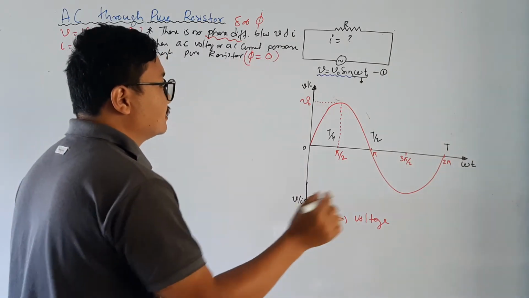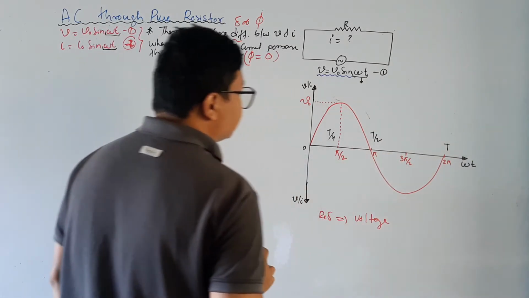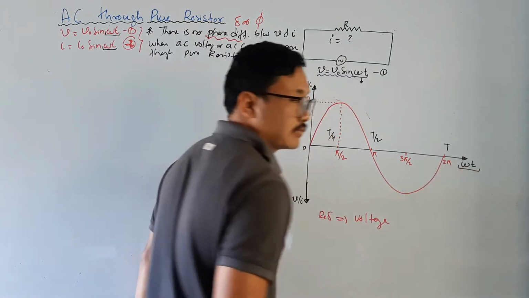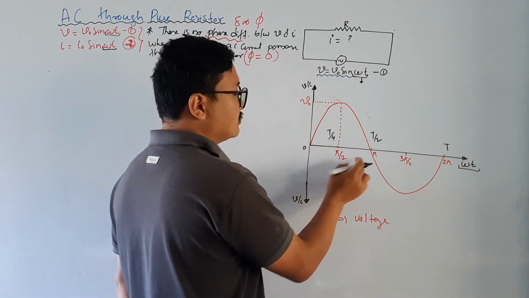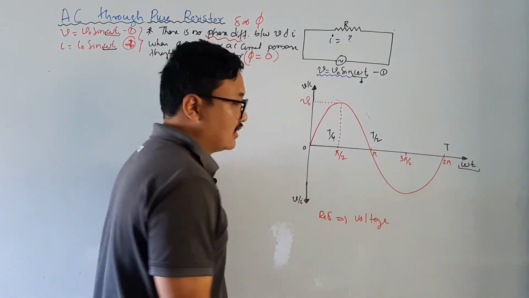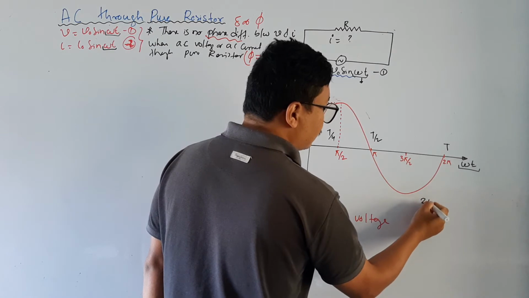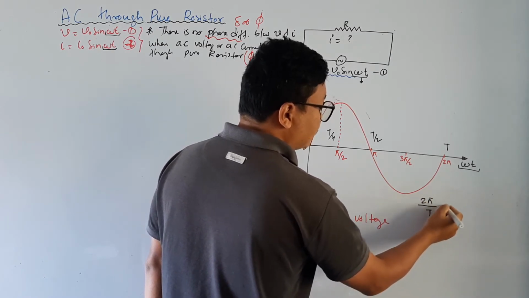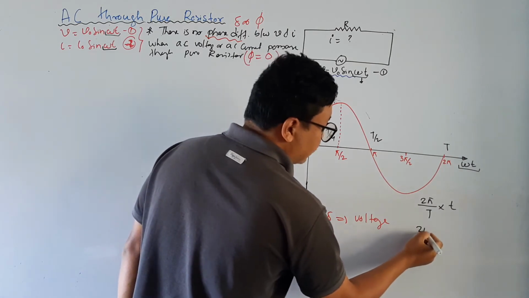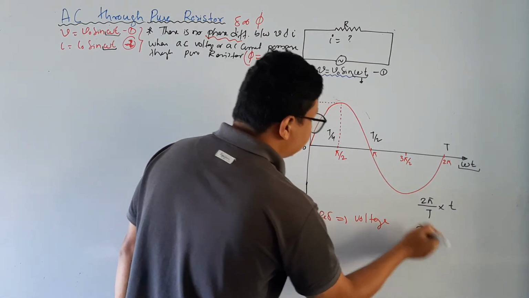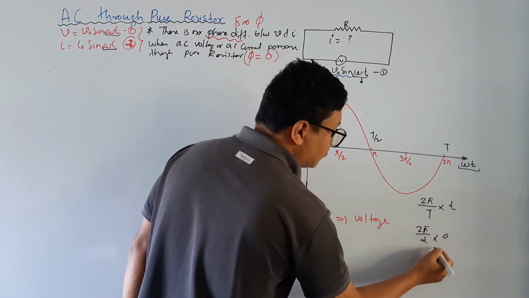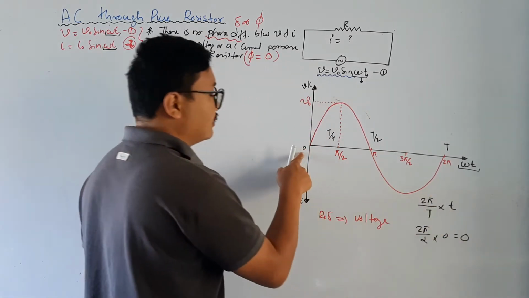So I am getting these values here. We have to put this value omega t, isn't it? This pi by 2, pi, 3 pi by 2 and 2 pi are the values of omega t. And we know omega is 2 pi divided by capital T, into small t. So I will write here 2 pi by T. At this point, what is the value of time? It is 0, so this is equal to 0.